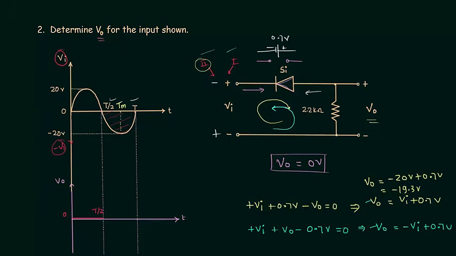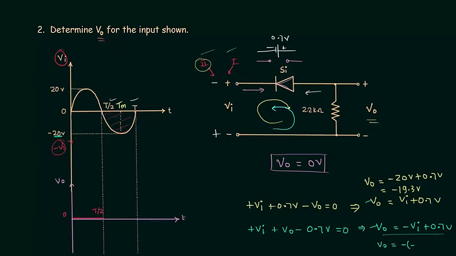Now we are interested in calculating the output voltage using this equation. At Tm, the input voltage is equal to minus 20 volts, but for this equation we have already considered minus of input voltage. So we have to just consider this 20 volts. We do not include the minus with this 20 volts, because if you do this you will have minus of 20 volts, which is wrong because we have already considered the input voltage to be negative.